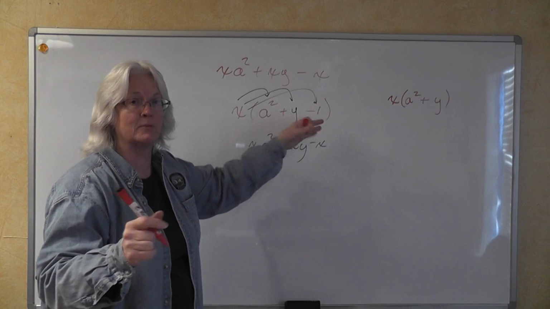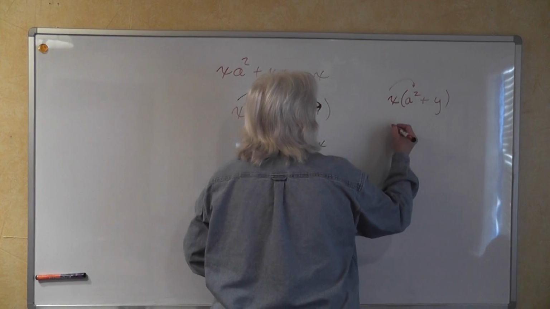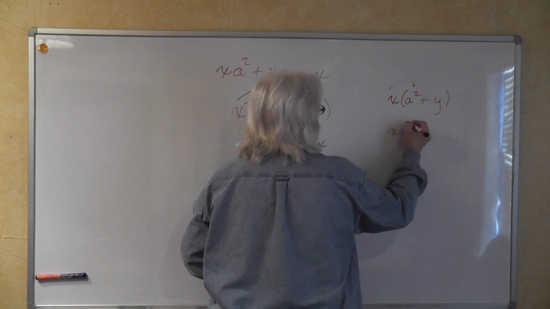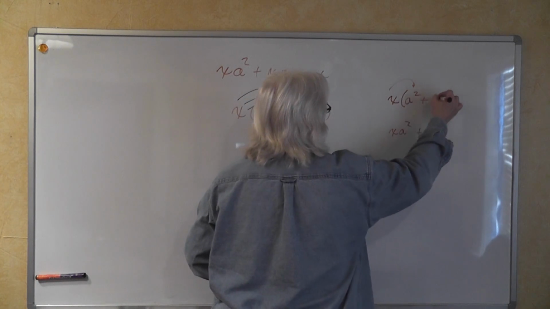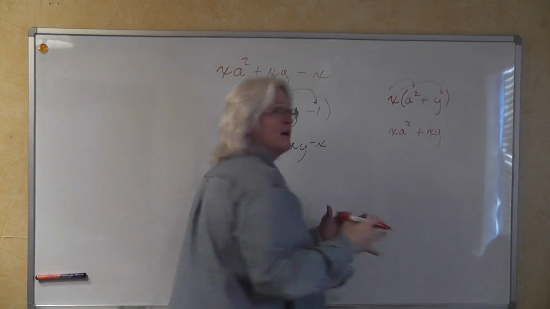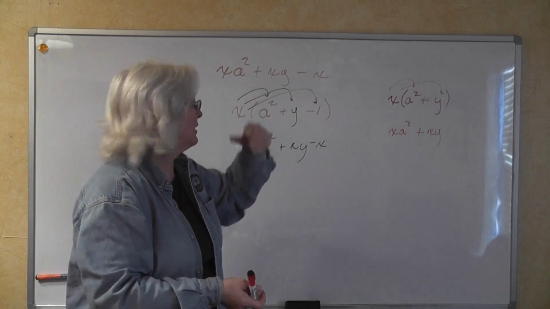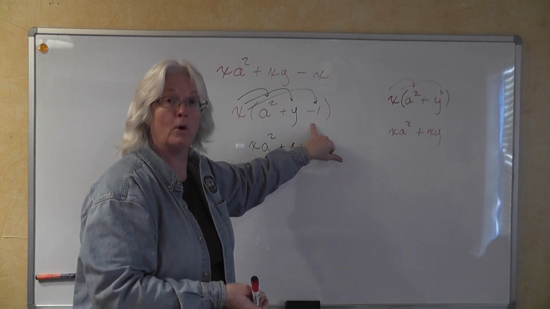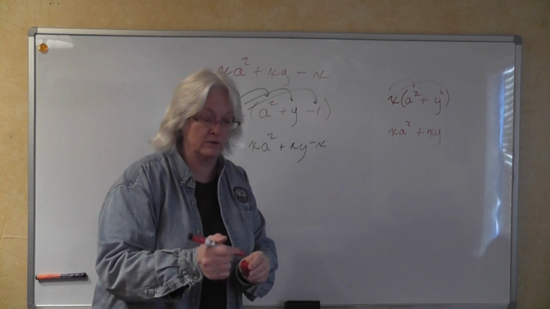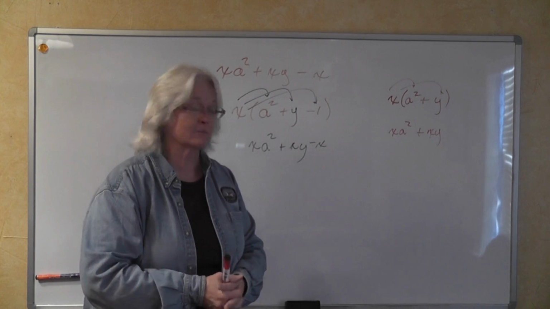Look how easy it is to catch your mistake. x times a squared is xa squared plus x times y is xy, and you don't have anything else to multiply, and you say, oh, I forgot. I need to put that negative 1 in there. So there's a lot of value in taking the few moments to go back and verify your work.